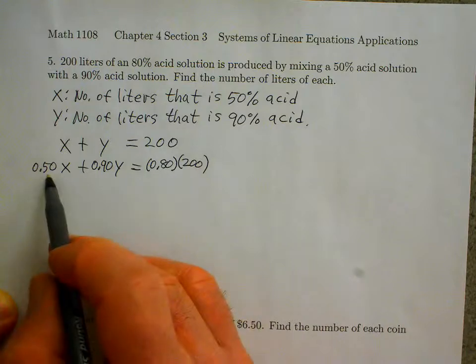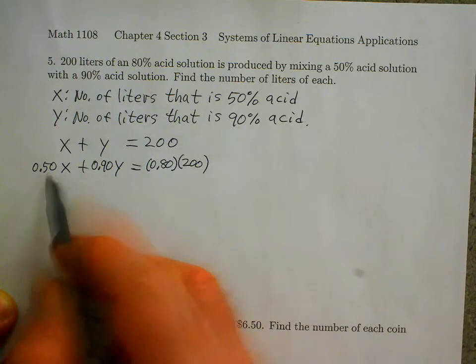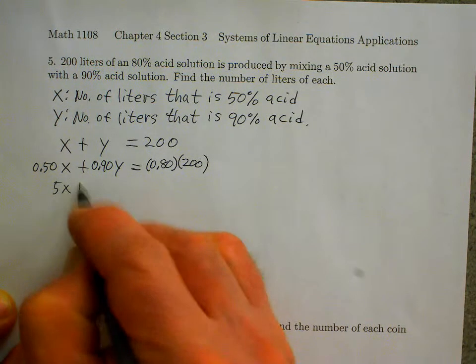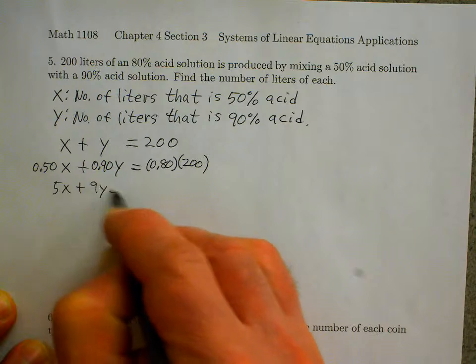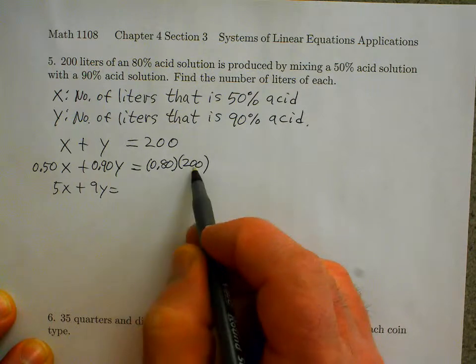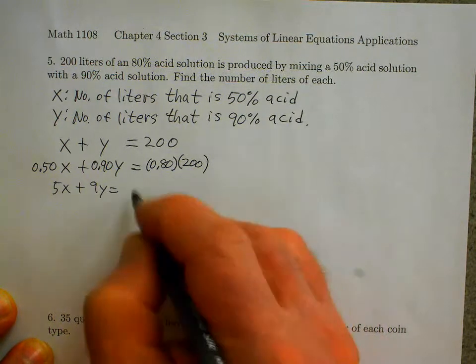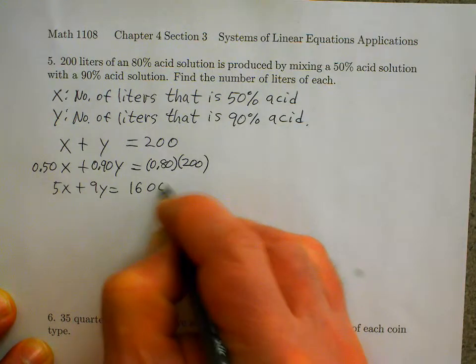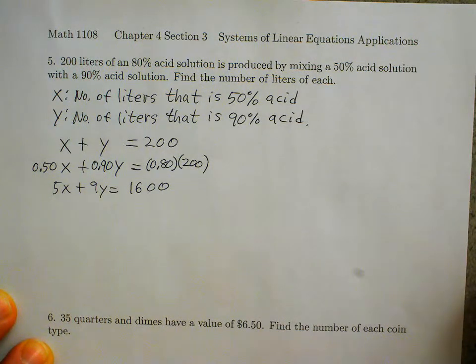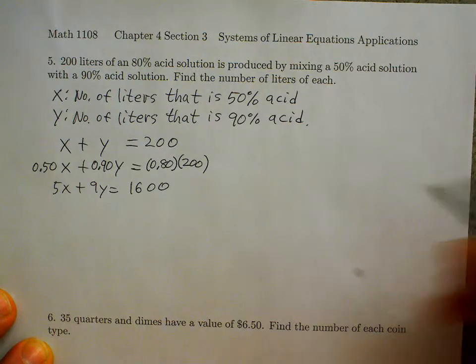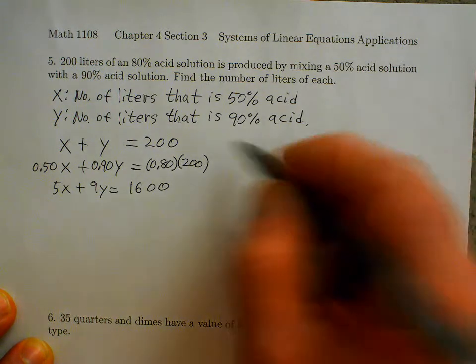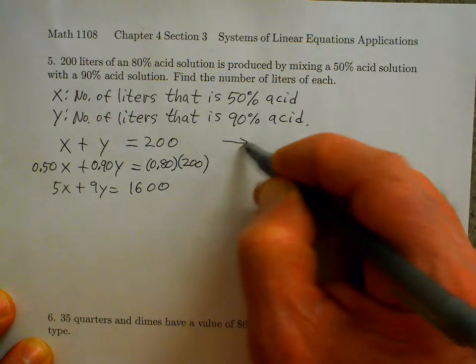If I multiply both sides by 10, I'll get 5x plus 9y equals 8 times 200, which is 1600. Okay, we're about out of time. Let's go ahead and use the substitution method.